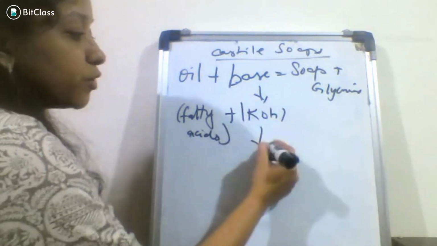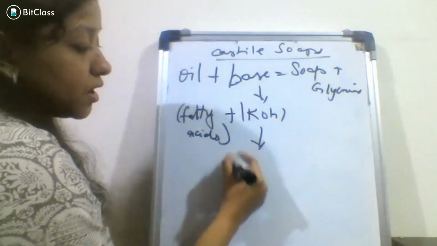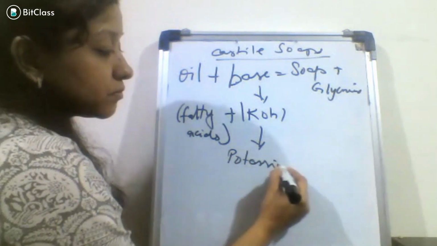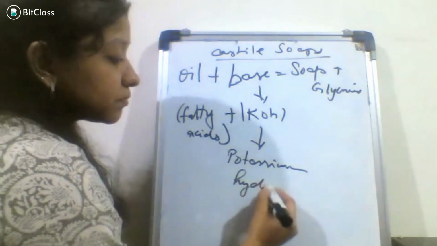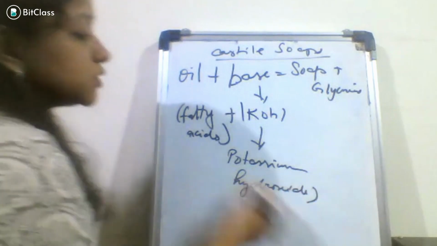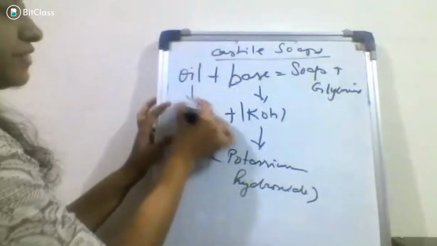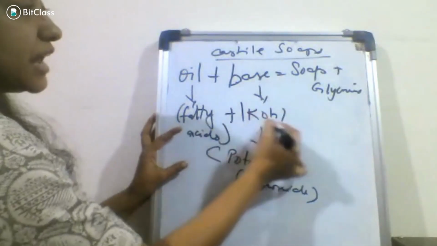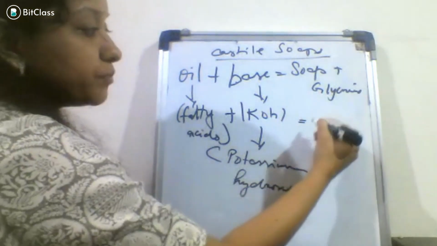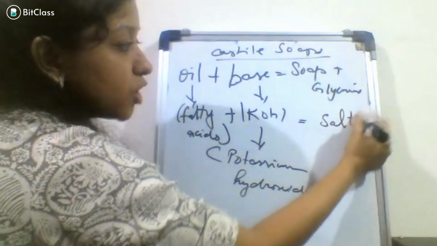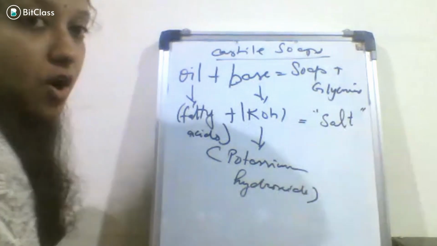What is KOH? Potassium hydroxide. So when we combine oils, fatty acids, with the base KOH, the resultant soap that we get is called a salt. In chemical terms, it is called a salt.